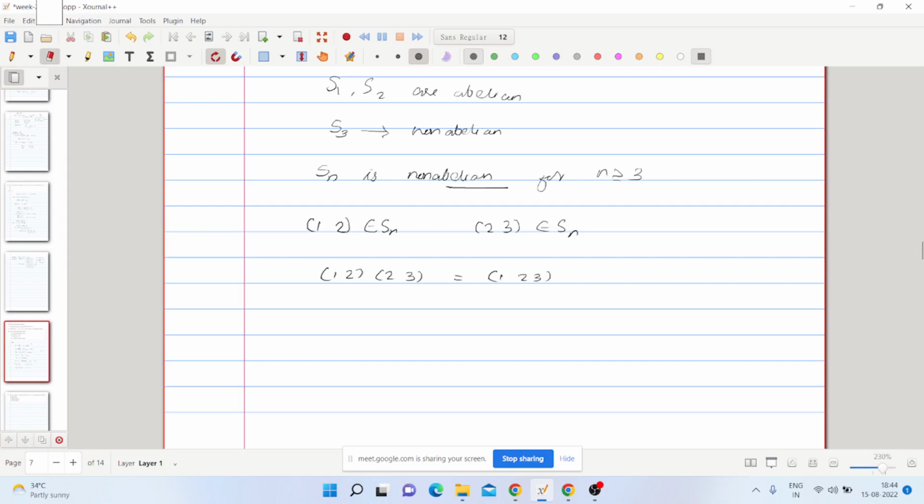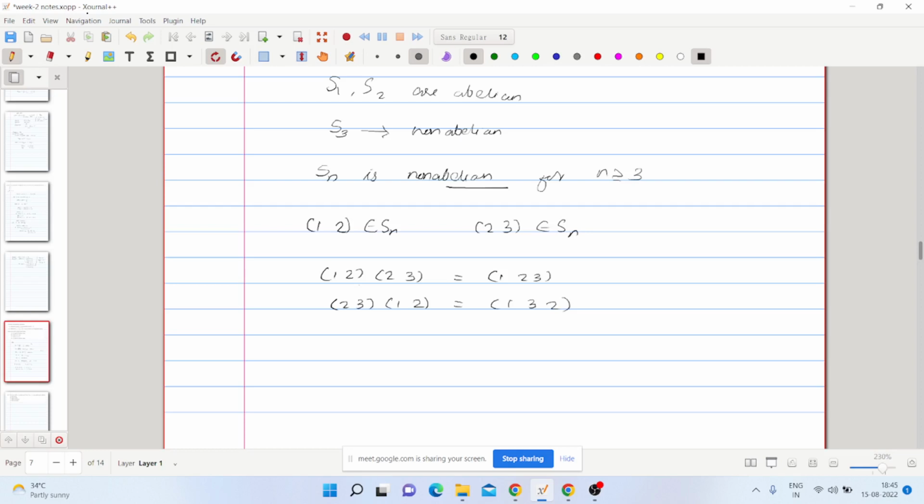Different texts use different conventions. In some texts the composition is taken with (2 3) first, in some with (1 2) first. It just depends on the text. You can take anything. Anyhow, (1 2)(2 3) will be (1 2 3), and in the converse order it will be (1 3 2).